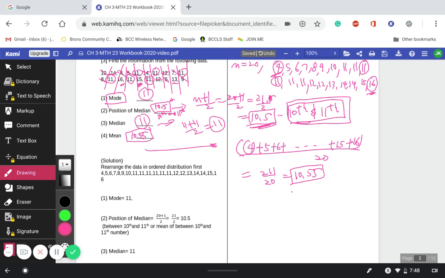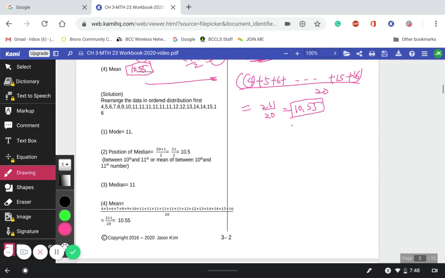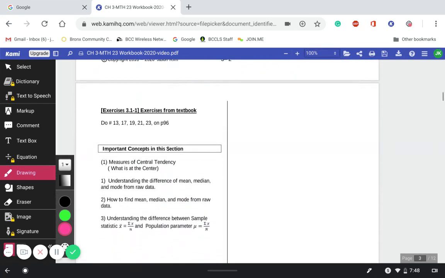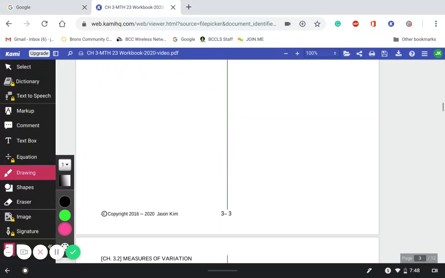So you have to know the definition of mode, median, mean, and you have to know how to get that value of each central value, central tendency. Okay? So that was section 3.1.